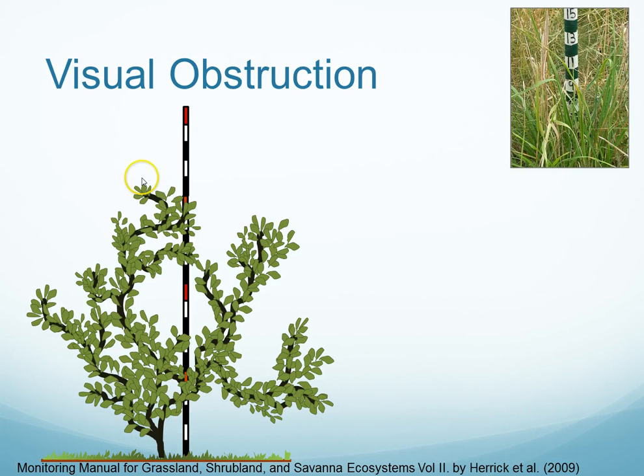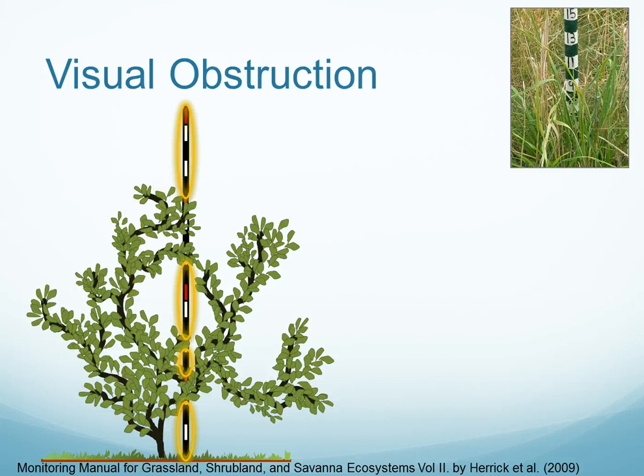Each segment includes 5 bands alternating in black and white, and then ending with a red band that helps with recording data and not getting confused as you're taking your measurements.